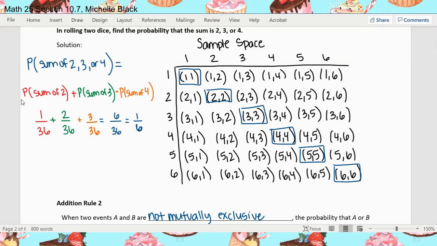But it also asks for a sum of 6. Well, 5 plus 1 is 6, 4 plus 2 is 6, 3 plus 3 is 6, 2 plus 4 is 6, and 1 plus 5 is 6.